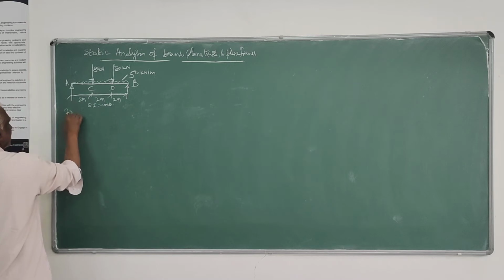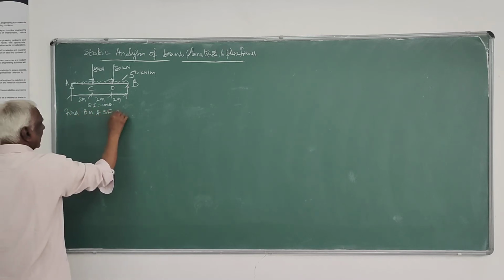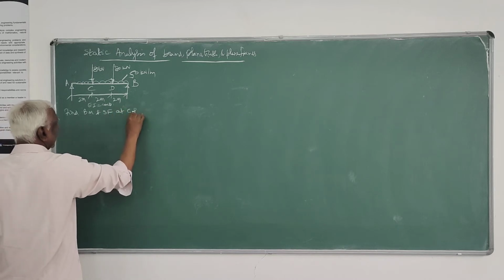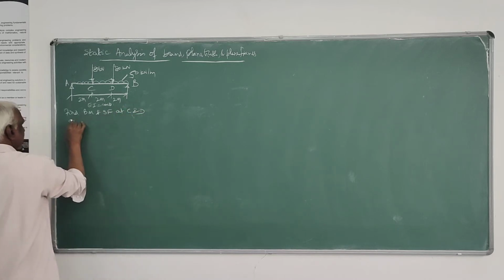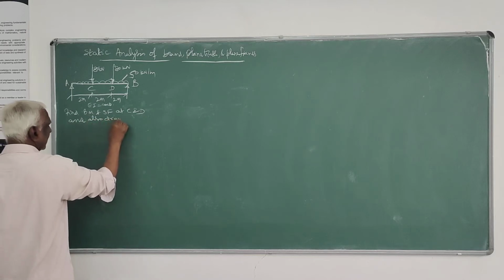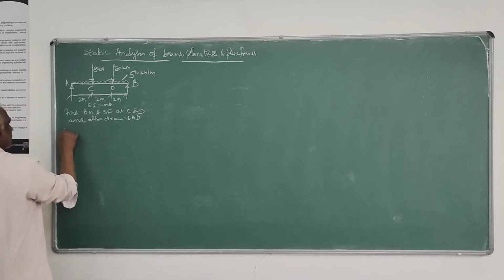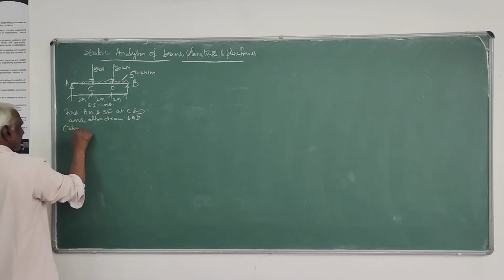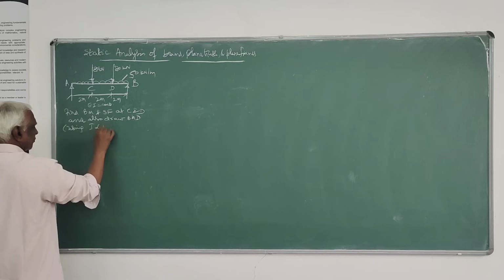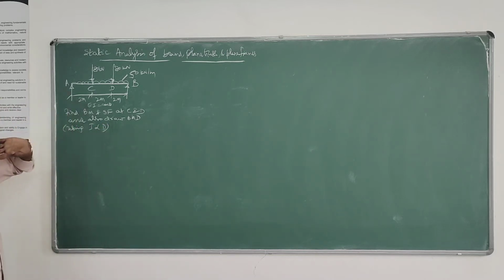Find the bending moment and shear force at C and D, and also draw the bending moment diagram, using ILD, the influence line diagram. You can try both the conventional method as well as using ILD.